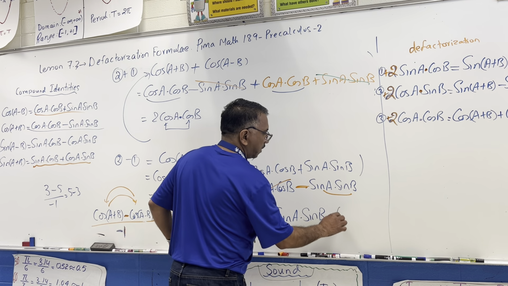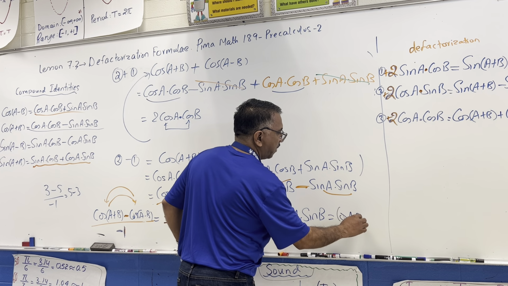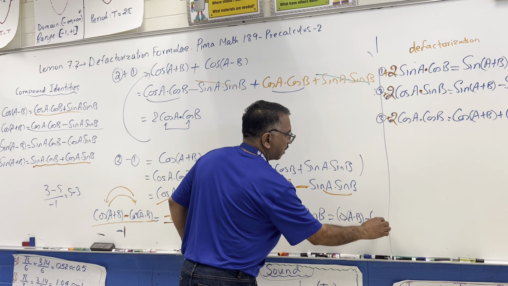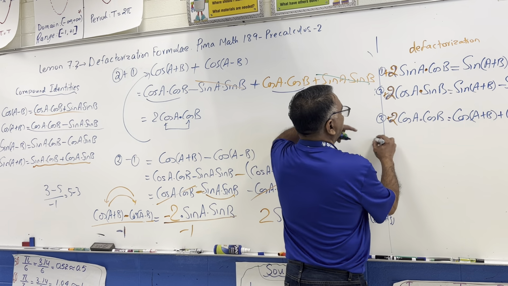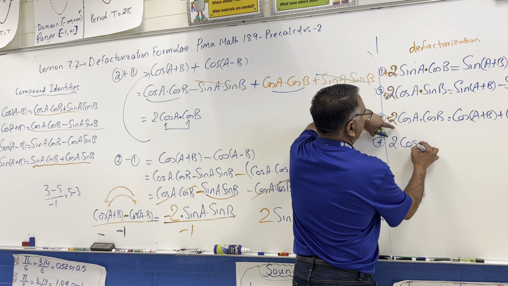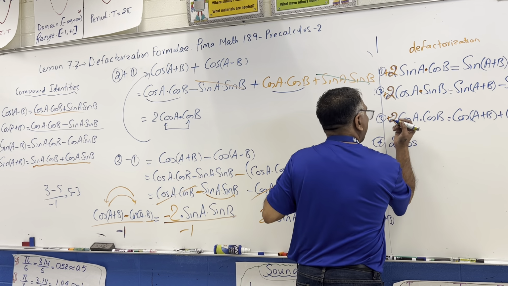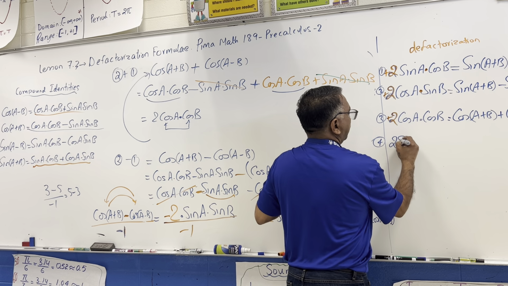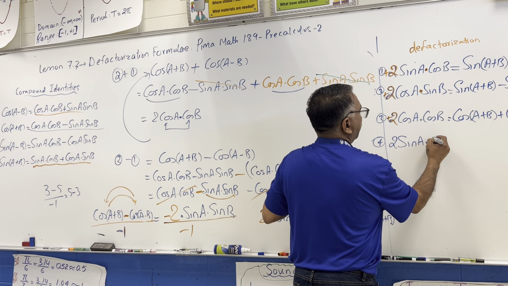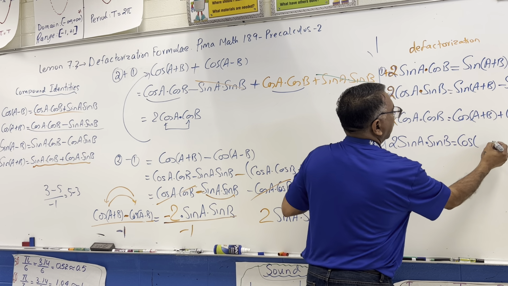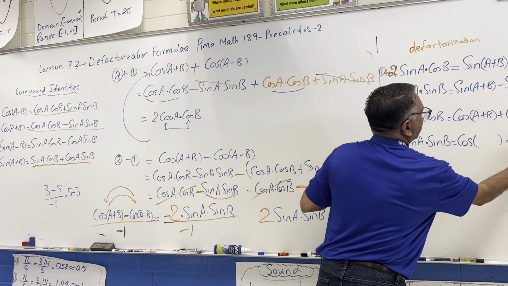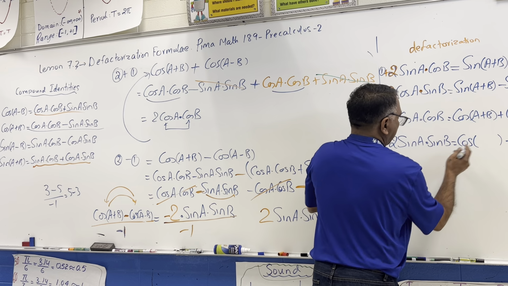So this is cosine A minus B first, and then cosine of A plus B. So that's the only change here. So if you have a product of sine, then you write cosine minus cosine, but this is the change.